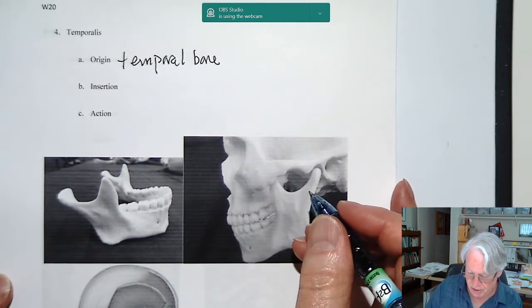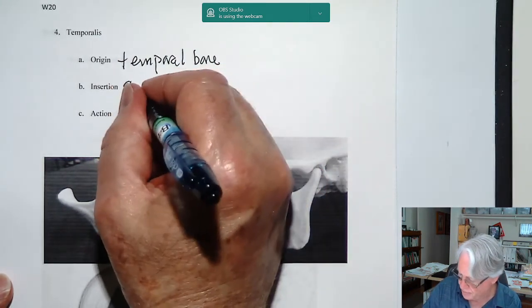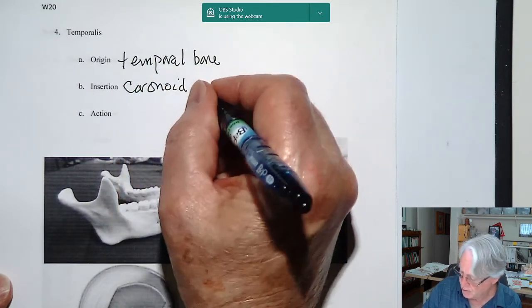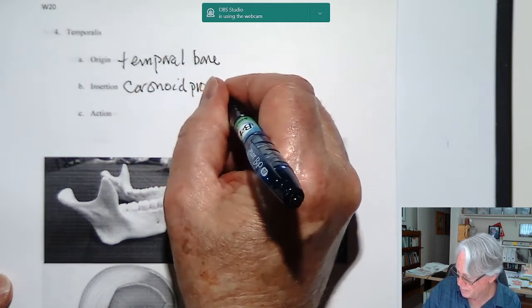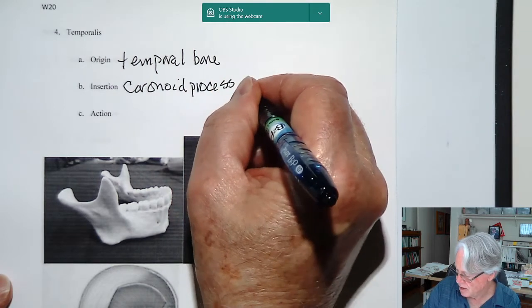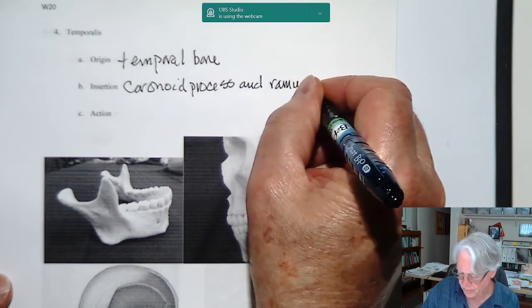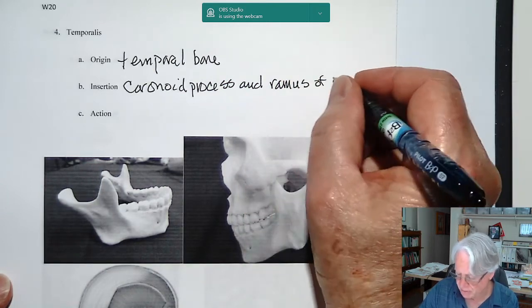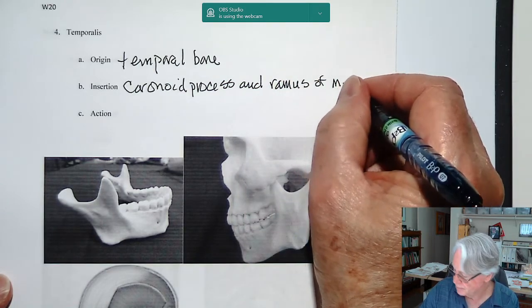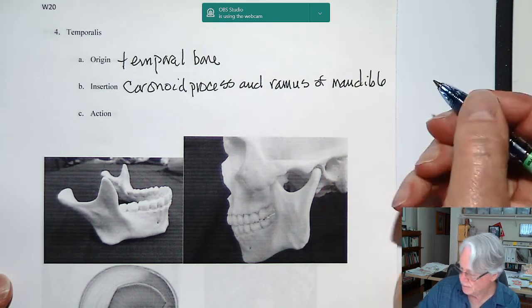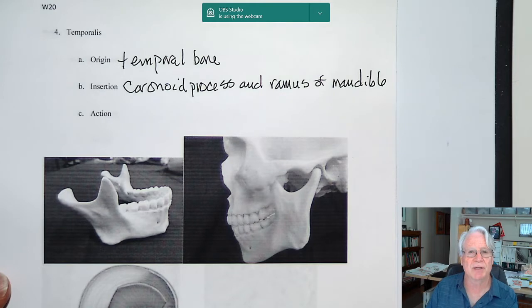The insertion is going to be the coronoid process and the ramus of the mandible. Okay, coronoid process and the ramus of the mandible.